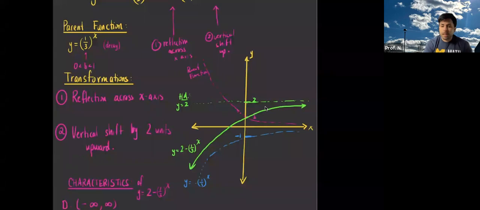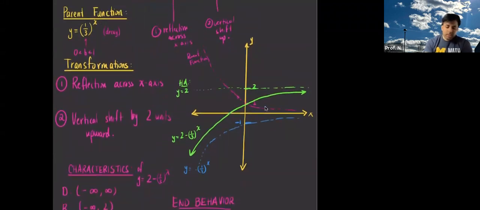Okay. I don't understand how the y-intercept is 0, comma 1. Well, it's 0, comma 1 because of what I just explained. Our parent function's y-intercept is 0, comma 1. Every parent function for exponential functions, whether they be exponential decay or exponential growth functions, they all cross 0, comma 1.